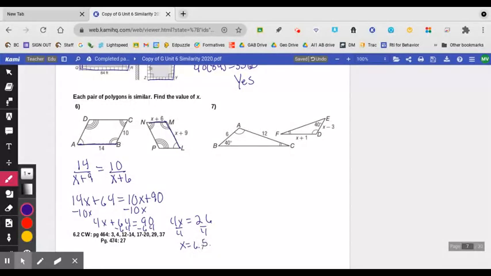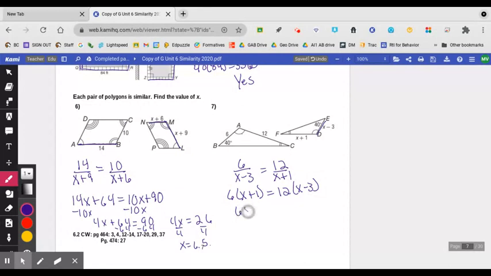Here, 6 is between the A and B, so that corresponds with DE. So it's going to be 6 over X minus 3 is equal to 12 over X plus 1. Cross multiply, so that's 6 times X plus 1 equals 12 times X minus 3.